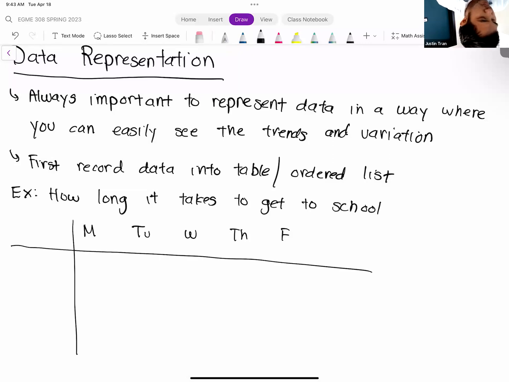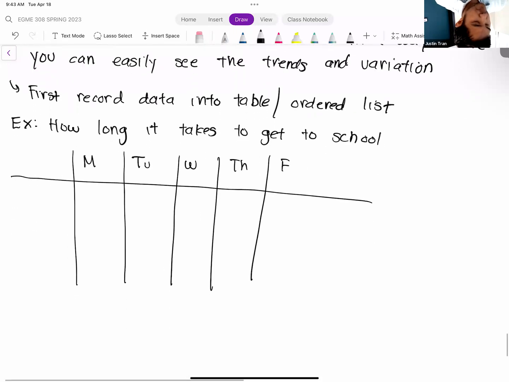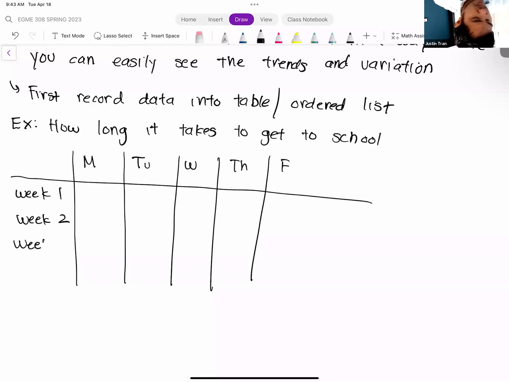Let's say you recorded for every day of the week, for every week of the semester. So week 1, 2, 3, and so on. And so the table format is very simple. You just record all the entries in the table.